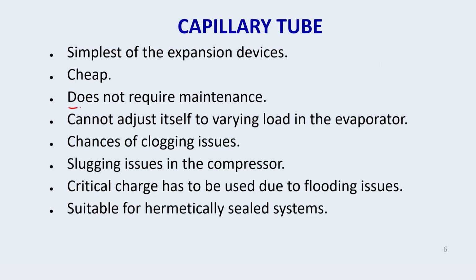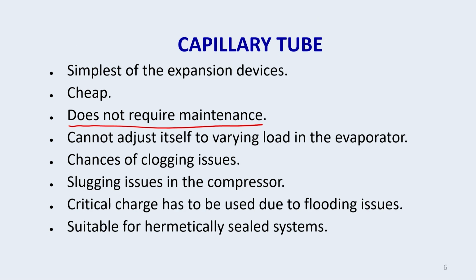Since there are no moving parts, it does not require any maintenance. The drawback in this device is it cannot adjust itself to varying load in the evaporator. The area of the opening is fixed, it cannot be changed. Chances of clogging issues.